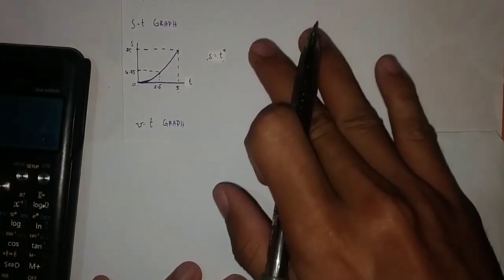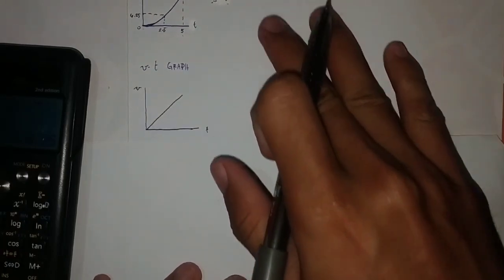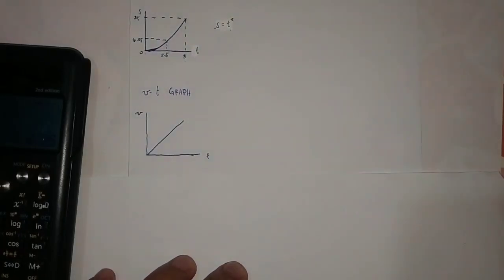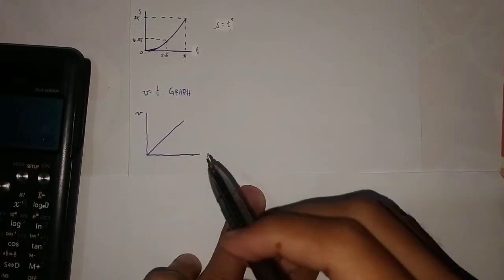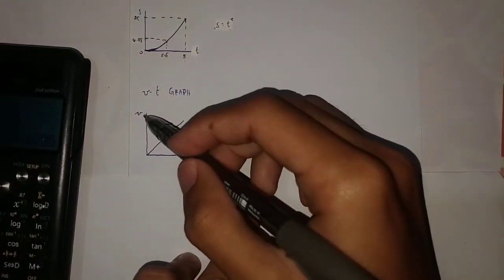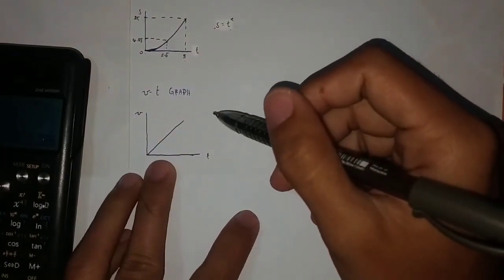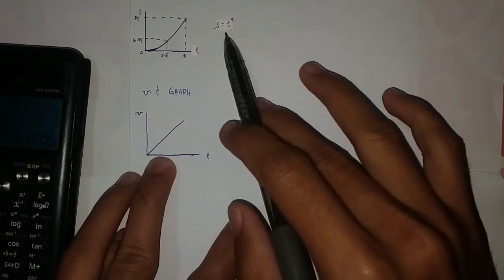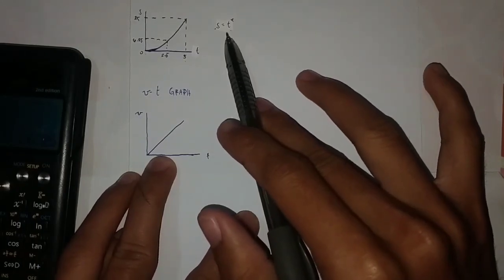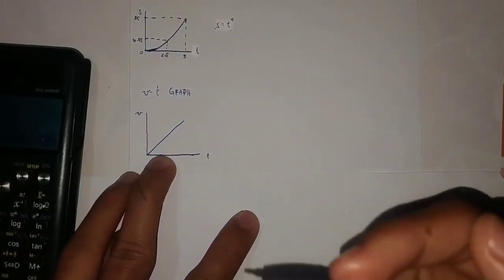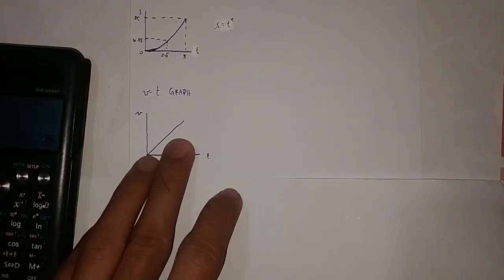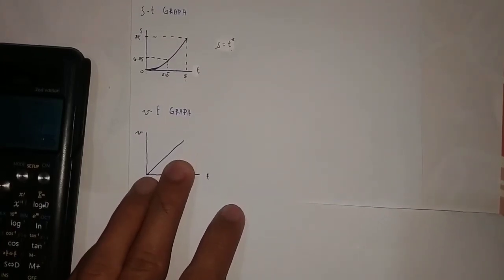And then we have the VT graph here. For the VT graph, we have T for the x-axis and V for the y-axis. This graph is the continuation of your governing equation S equals t squared. So how do we derive an equation for our VT graph from our ST equation?